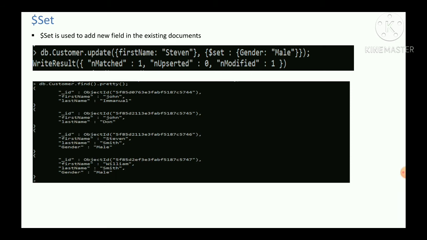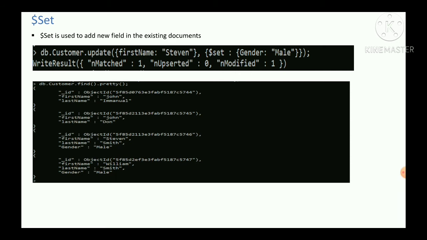The first parameter is the value I need to find, the first name, so within the braces first name of Stephen. For the value I need to update, in the second parameter, $set colon field name colon value.